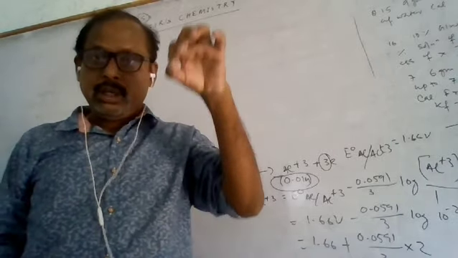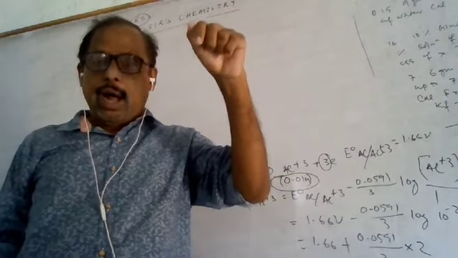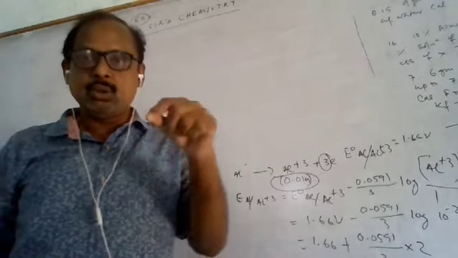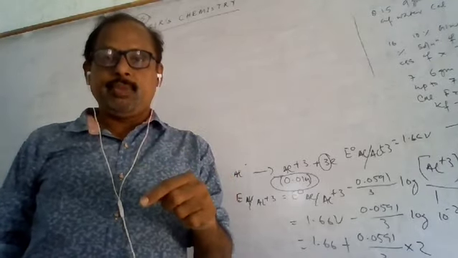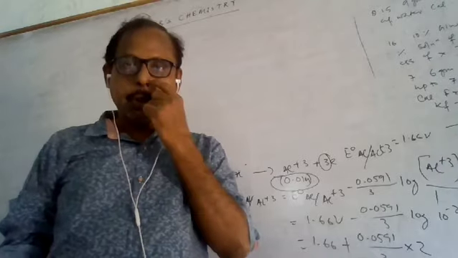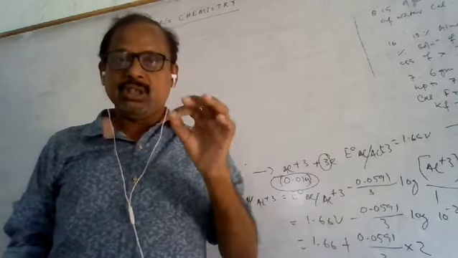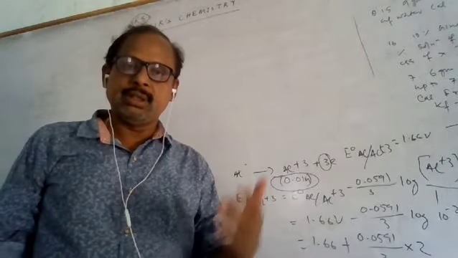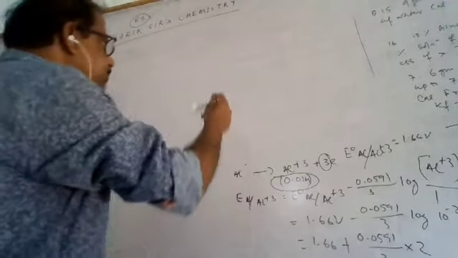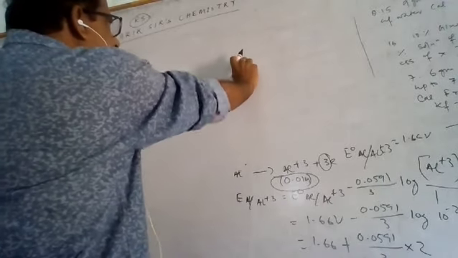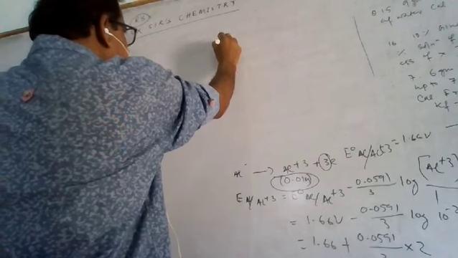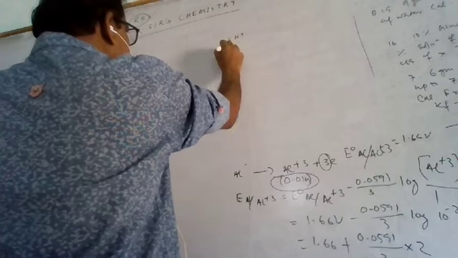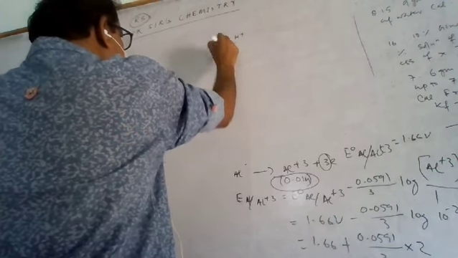That means when pure and dry hydrogen gas under 1 atmospheric pressure passes through the electrolytic solution, under 1 M concentration of HCl, then the cell potential is called the standard hydrogen electrode potential, that is the SHE. So in the SHE, what will happen? This is hydrogen to H plus, and platinum electrodes are used.